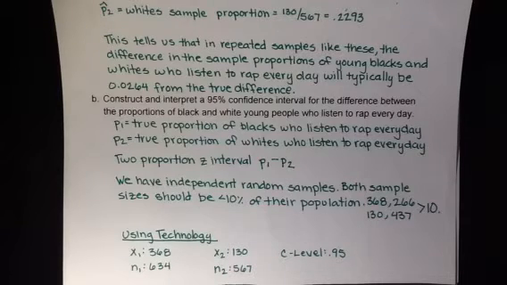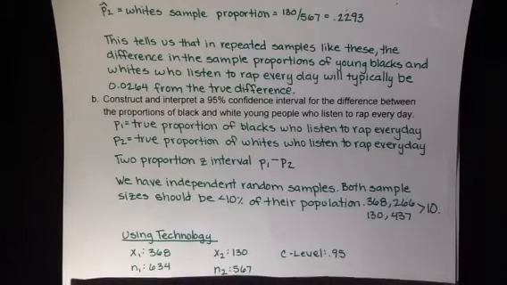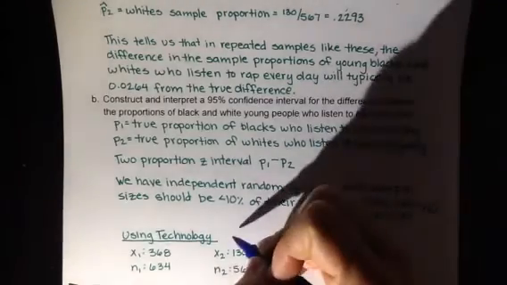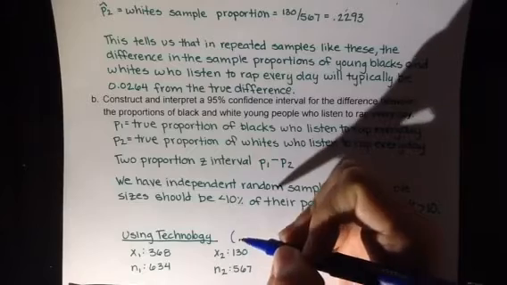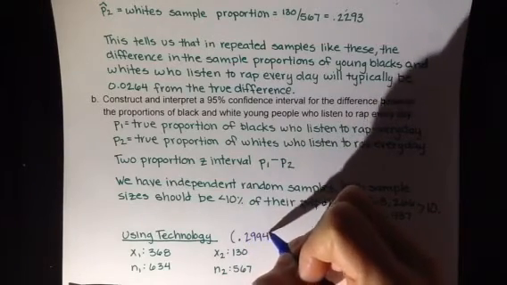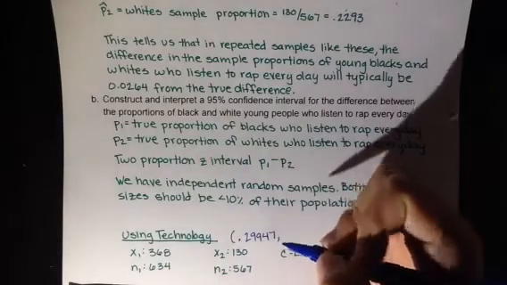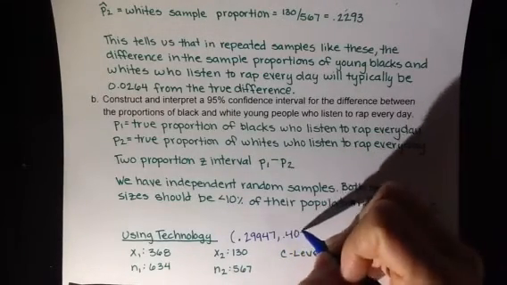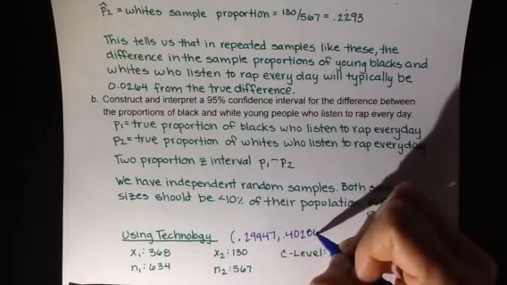And then it's going to ask you for your confidence level, and you're going to say the 95% that was asked of you. When you put all that into the calculator and you hit calculate, you're going to get out the interval 0.29947 to 0.40286.